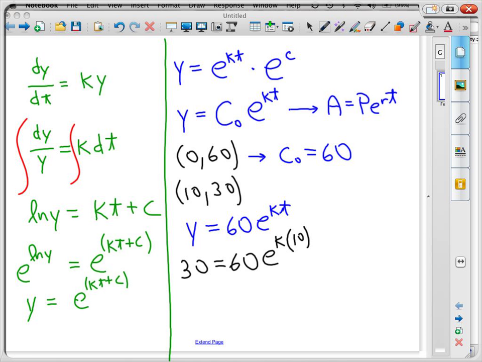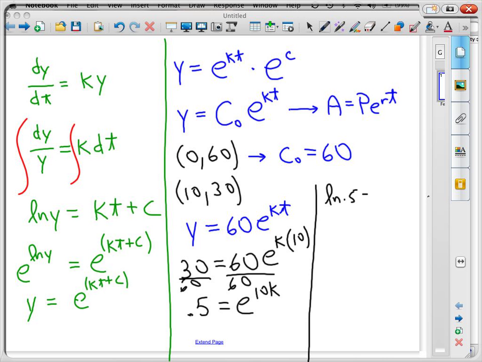So let's work it out here, okay? So we're going to divide both sides by 60. So we're going to get 0.5 is equal to e to the 10k power. Now, at this point, I can see that if I take the natural log of both sides, maybe I can do some work here. So I'm going to get that ln of 0.5 is equal to 10k, right?